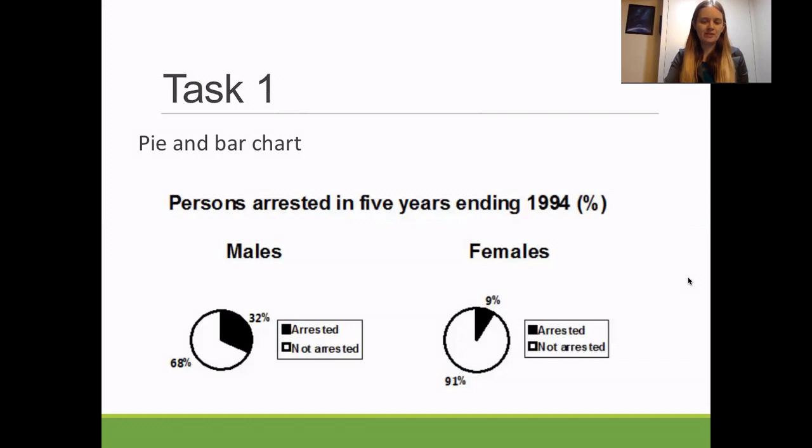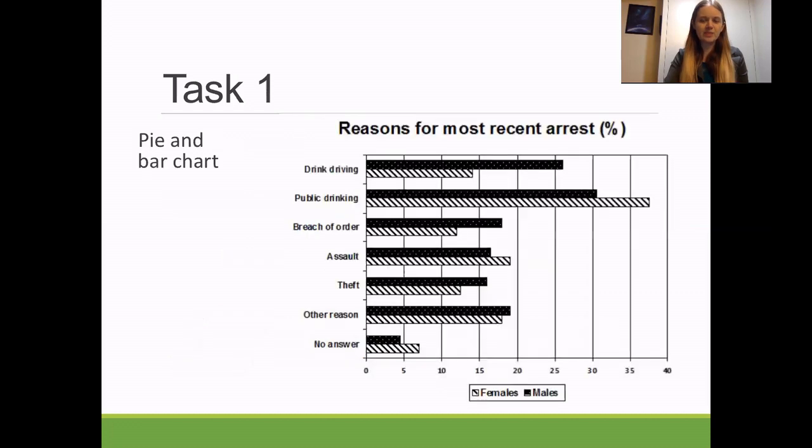So here we have the pie charts for males and females. Arrested and not arrested are the different colors in the chart. And then we have this chart, which shows the different reasons that they were arrested. So they have the reasons listed along the side here, and then females and males in your legend, and then numbers along here.